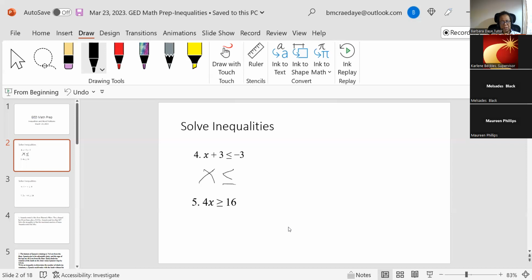Now, I just need to get my 3's together. The variable is already on the left, so I subtract 3. What do I get on the right side, Maureen? You get -3.